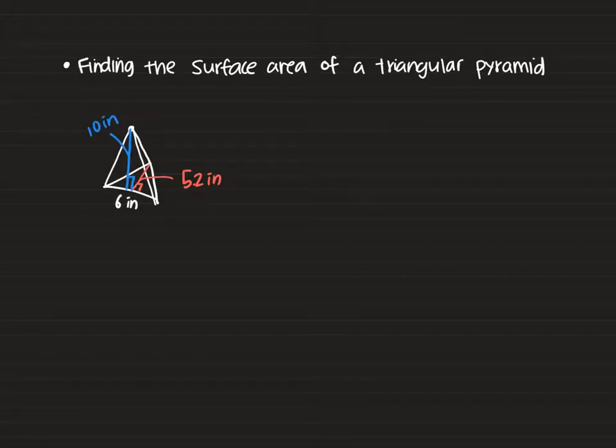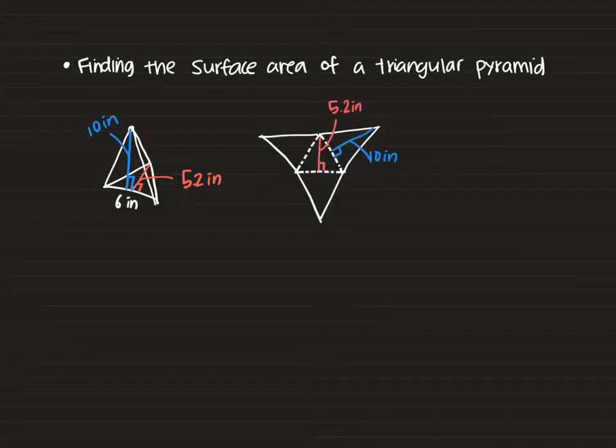First, if it's easier for you, I am going to draw the net of this pyramid, because sometimes it's easier to see the net instead of looking at the figure. The triangle that we're going to work with first is the base. So we do 6 times 5.2 divided by 2, because we have to find the triangle's area. When I do that, I get the answer of 15.6 square inches.